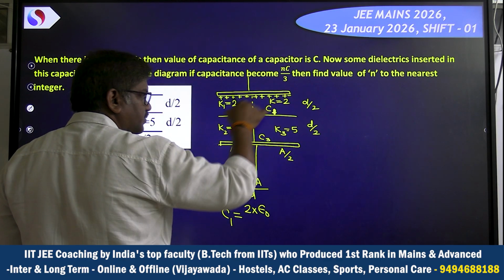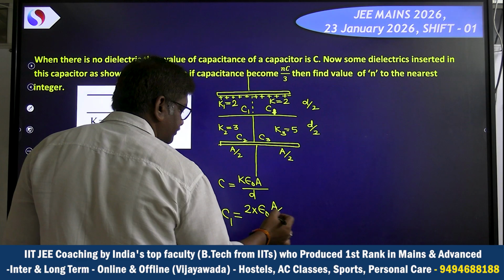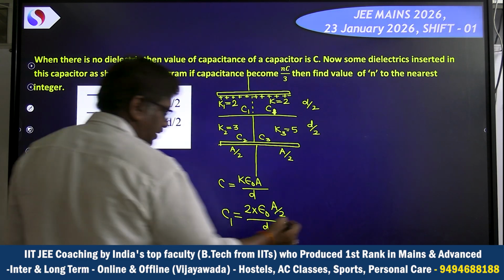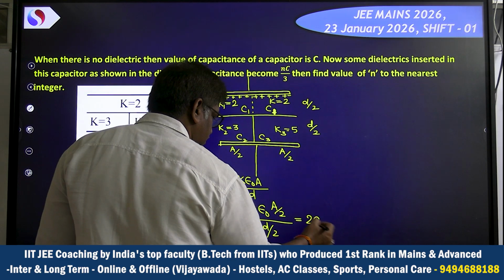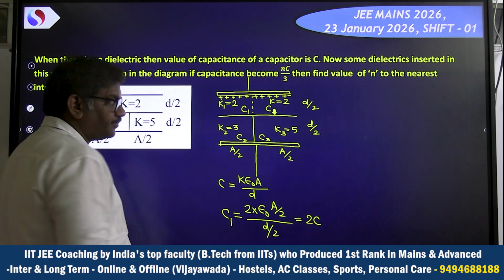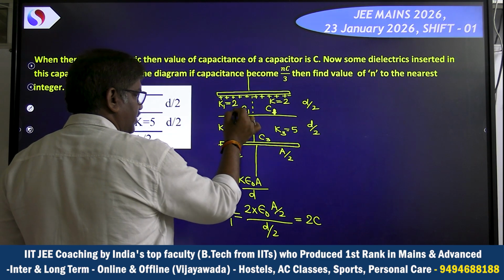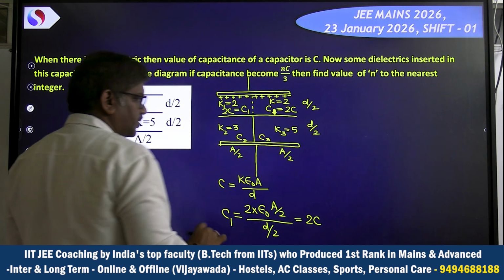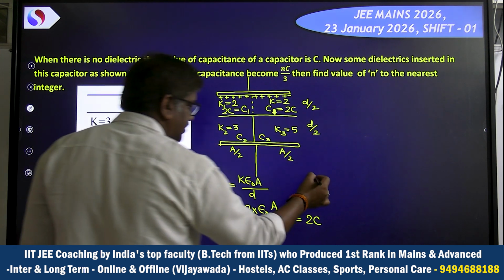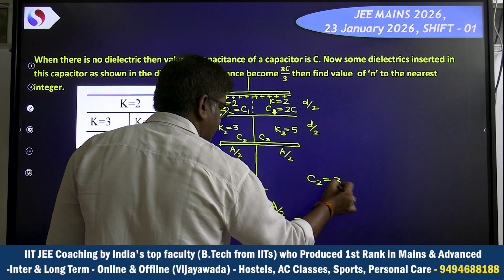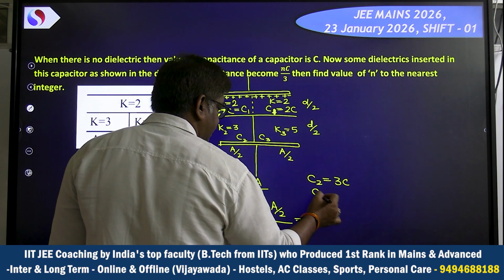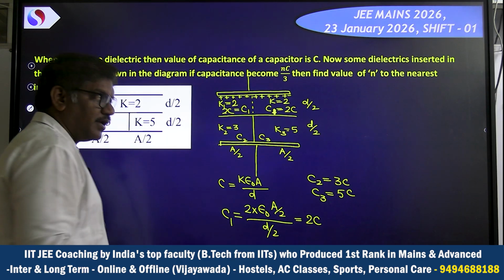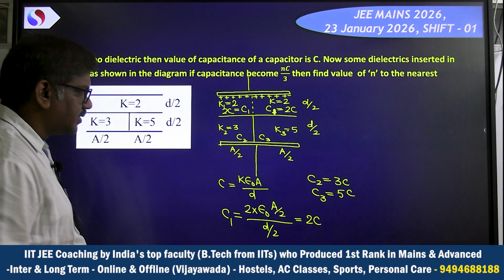Now, the area of this portion will be A by 2, and this is D by 2. That means I can assume this C1 as 2C. So this half portion is also equal to 2C. Similarly, when you calculate C2, it comes as 3C. When you calculate C3, it comes as 5C. Same way, A by 2 and D by 2 cancel, and the dielectric is different.